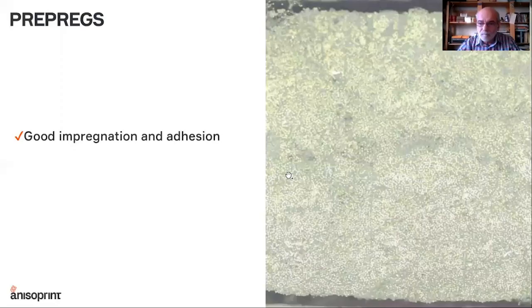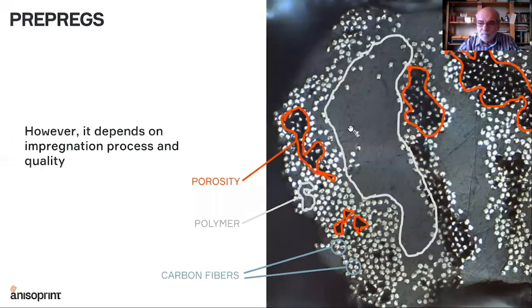So, of course, every technology has its pros and cons, and every technology would work better in different applications. With the prepregs, you can get very high material quality, very high material properties. However, you have to take care of the pre-impregnation process to make sure that the material is actually a good one.